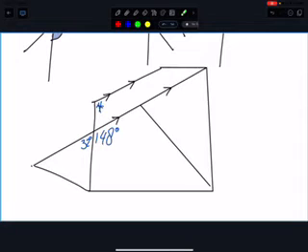Does it say angles? No, it doesn't say angles. Still congruency. There's no angles. Let's do 29.